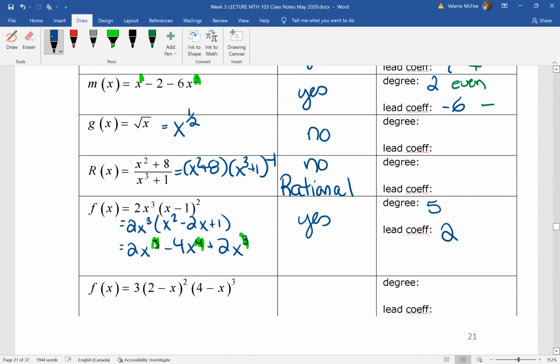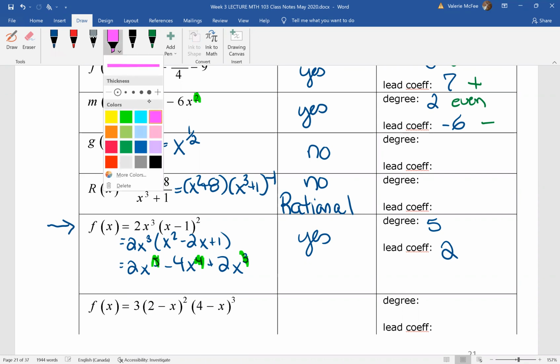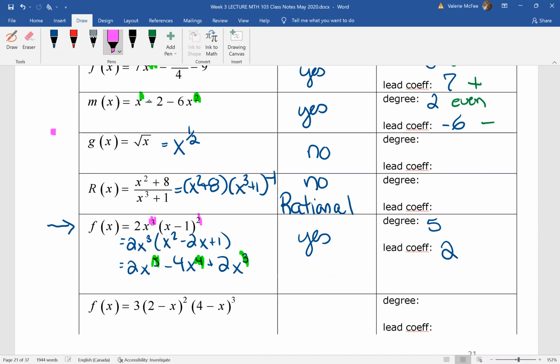Now I want to point something out here in this last example. We actually don't have to open the brackets to find the degree or the leading coefficient. If we go back to this one here, I could have seen by looking at these exponents here, when I take the first one, if I look at that 2, if I open this bracket, I know that the highest power is going to be x squared, and that x squared is going to have to multiply x cubed to give me x to the power of 5.